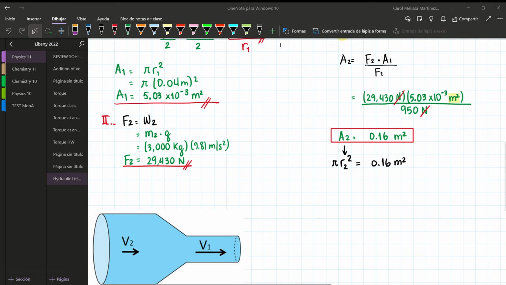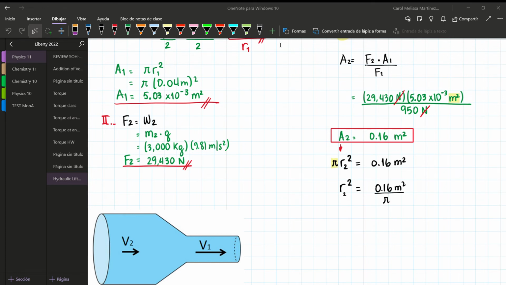Okay, and then I will just make an isolation. Okay, pi is multiplying my radius 2, so it's going to go to the other side to divide. So my equation is going to be just the radius of the large piston raised to the second power equals to 0.16 square meters divided by pi.